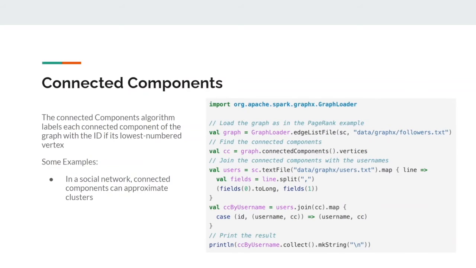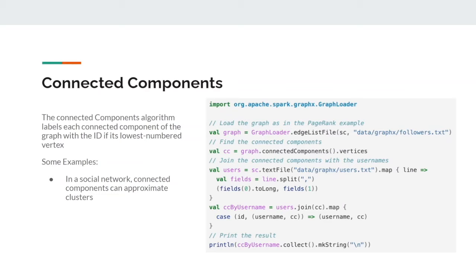And then the next algorithm is connected components. The connected components algorithm labels each connected component of the graph with the ID of its lowest number vertex. An example would be in a social network, where the connected components can approximate clusters. As we can see in this example, again, we load the graph as in the PageRank example we saw before.